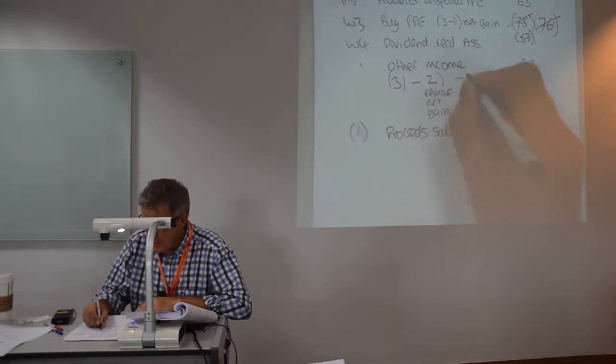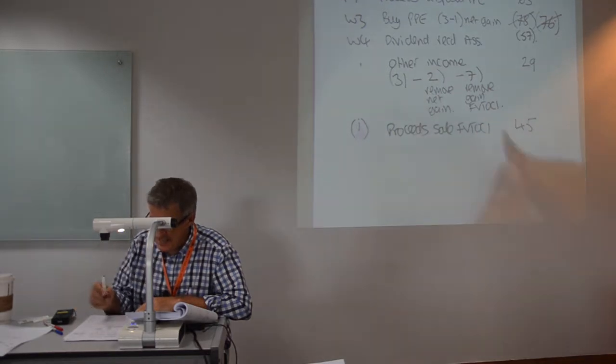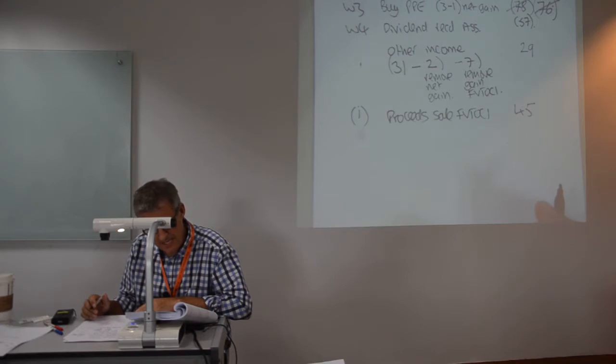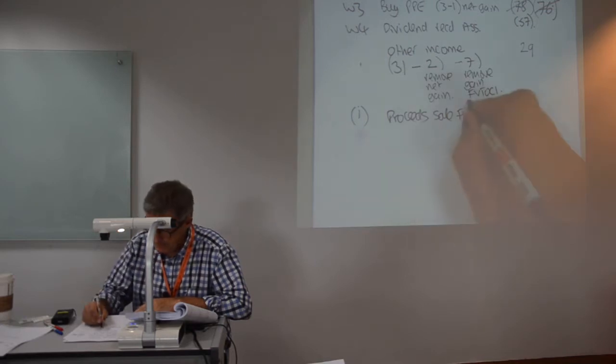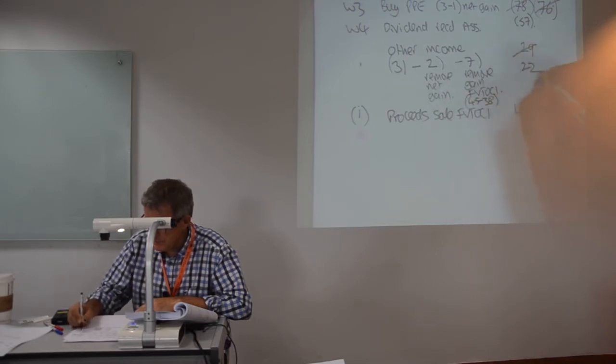So I've got to take off 7 because I've got to remove the gain on the fair value through OCI. That gain of 7 is 45 minus 38. So that becomes 22.